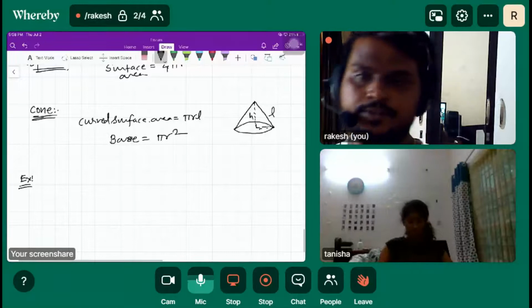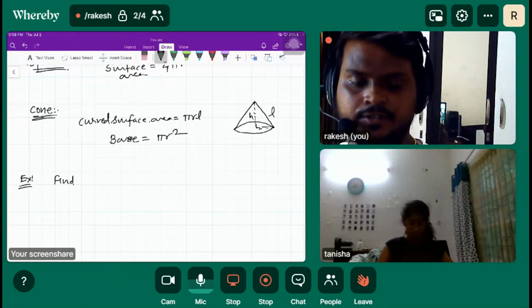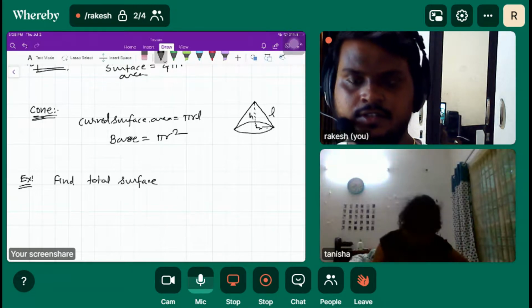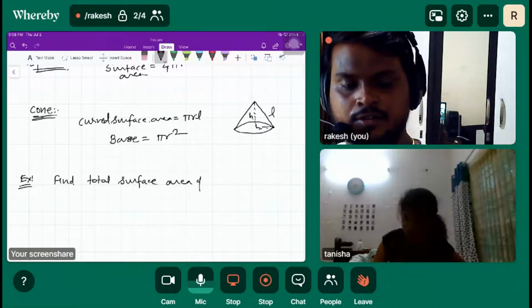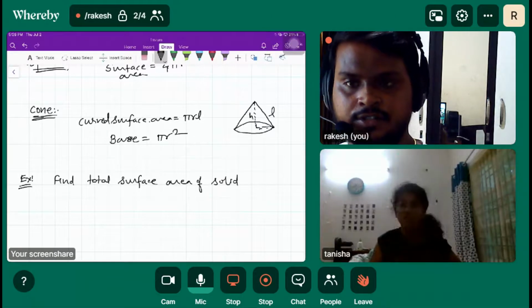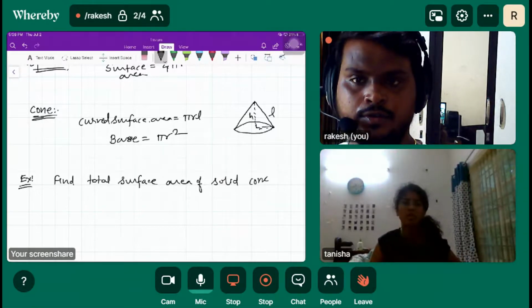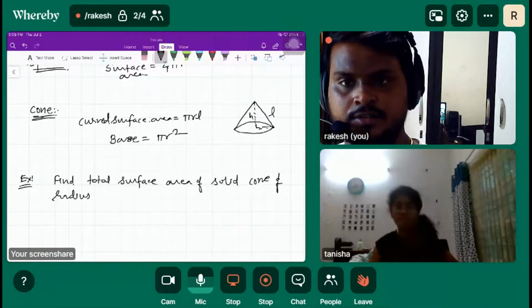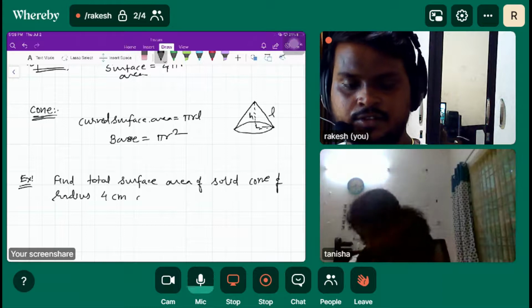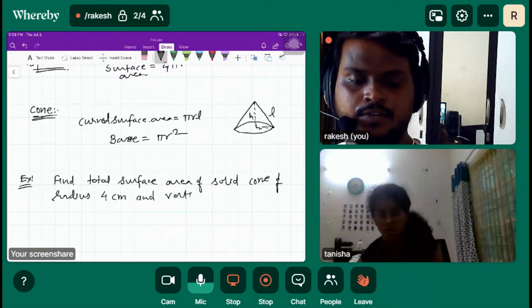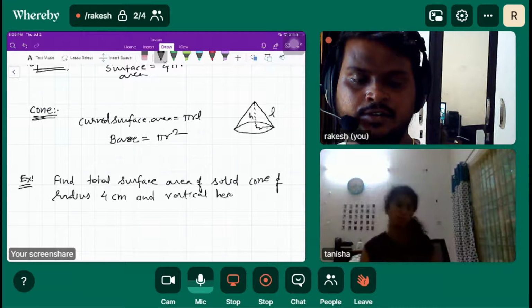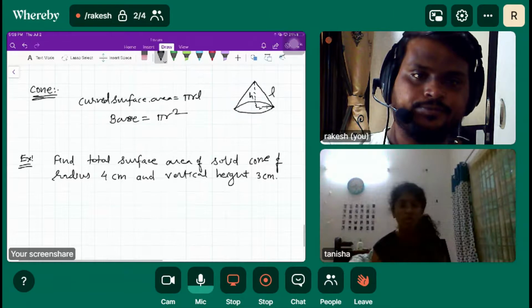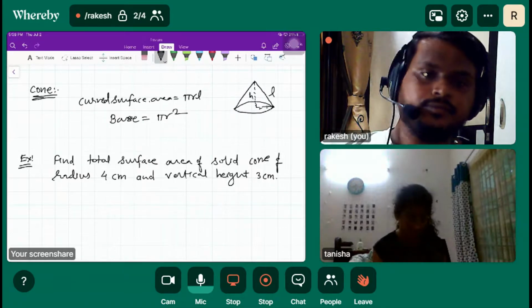The question is, find the total surface area of a solid cone of radius 4 centimeter and vertical height 3 centimeter. Solve this.